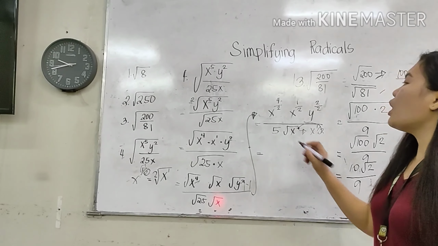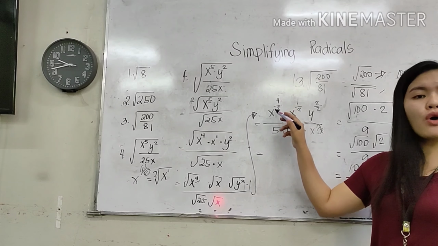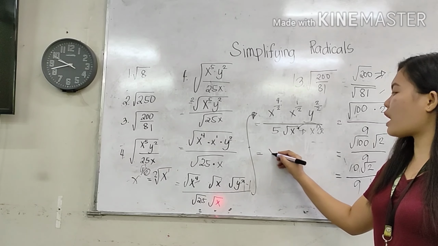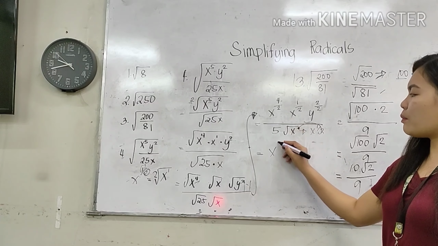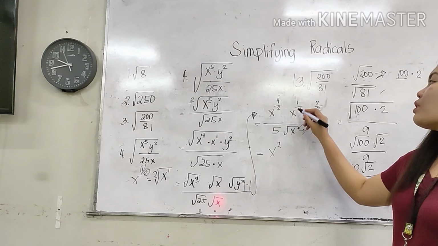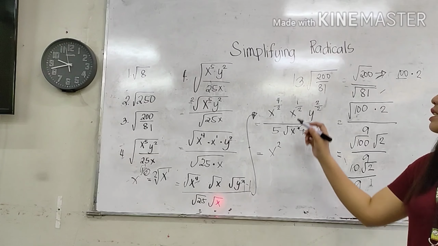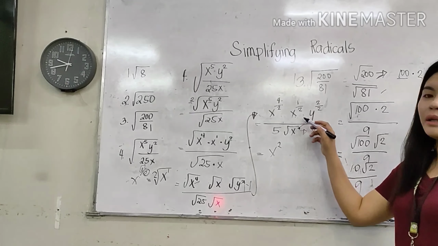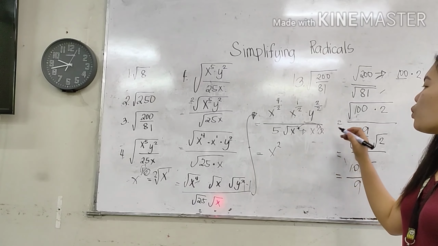So next, we have x raised to 4/2. 4 divided by 2 is equal to 2, so write x raised to 2. Then we have here x raised to 1/2. Since 1 is not divisible by 2, we return it into the radical.